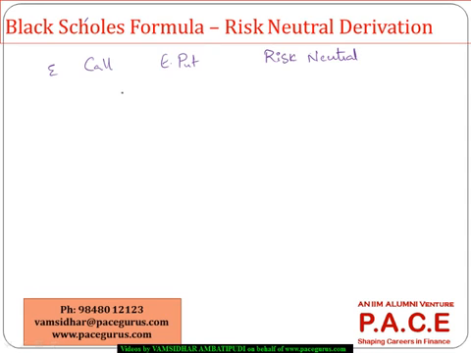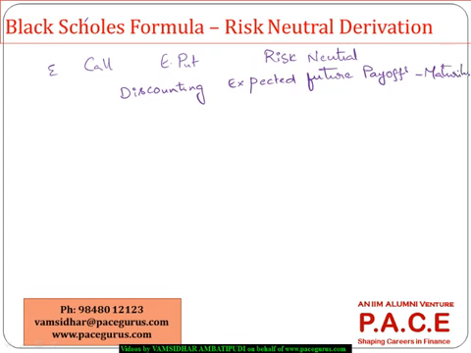Whenever we are talking about risk neutral pricing or risk neutral valuation, we are looking at discounting the expected future payoffs, the expected future payoffs that are going to come on maturity.